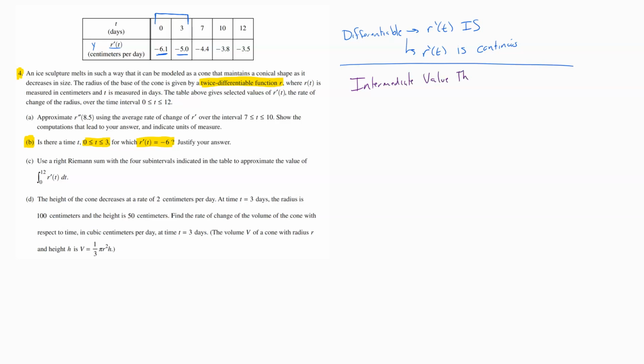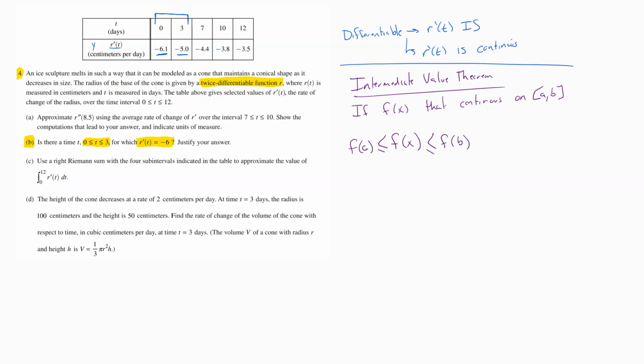What the intermediate value theorem told us was that if we had some function f of x that was continuous on a closed interval from a to b, then we get every number between those two endpoints, f of a and f of b.